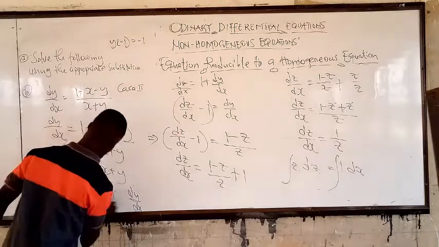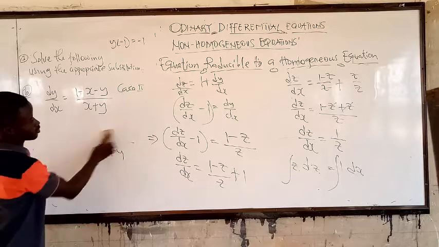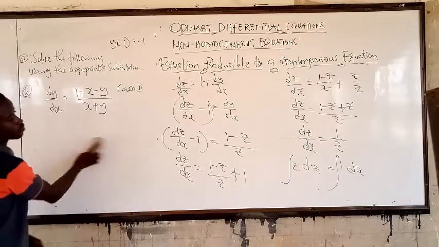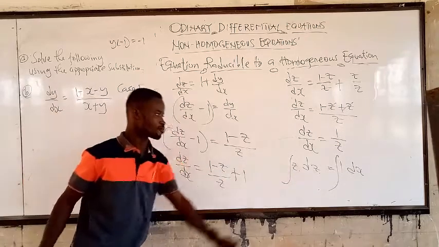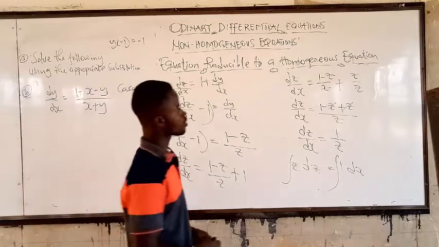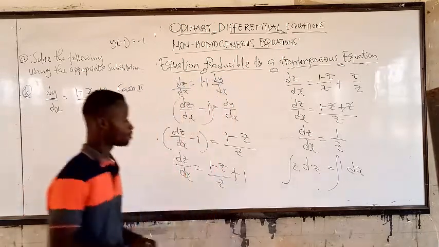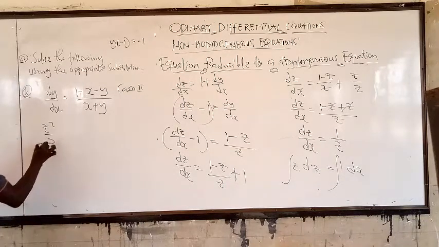Okay, so when you integrate, what will you get? When you integrate with respect to z, you get z squared over 2.